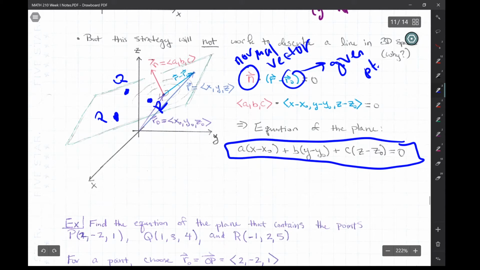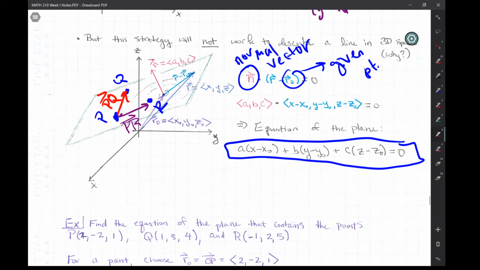What I could do, or what we could all do, is get the vector PQ. So that's the vector PQ here. And what we could also do is get this vector here, PR. And both of those vectors lie in the plane.